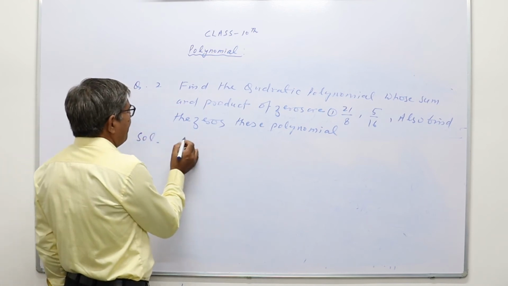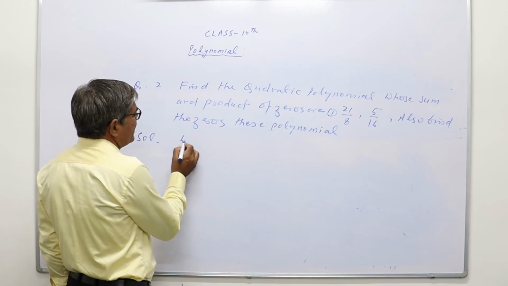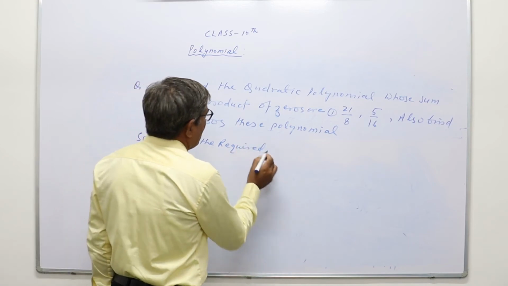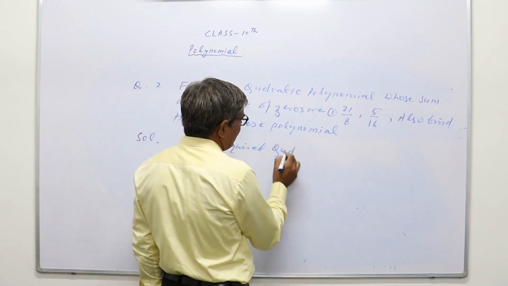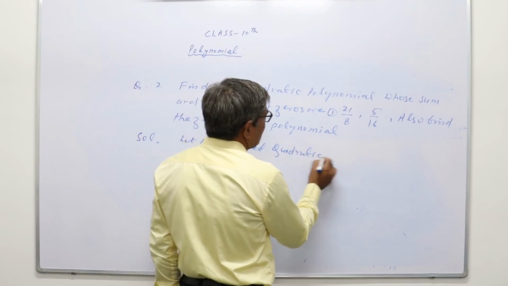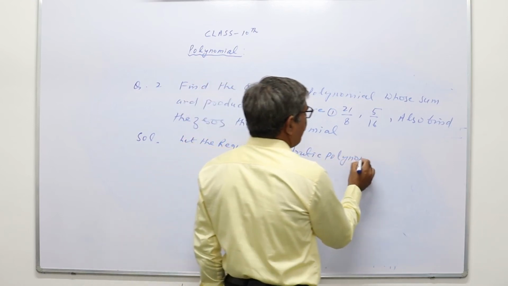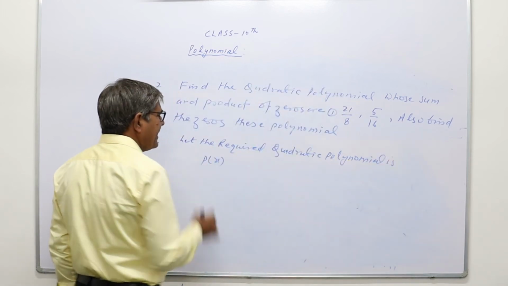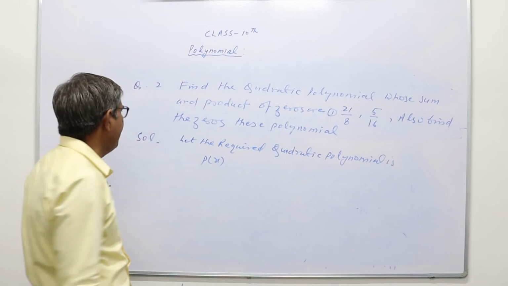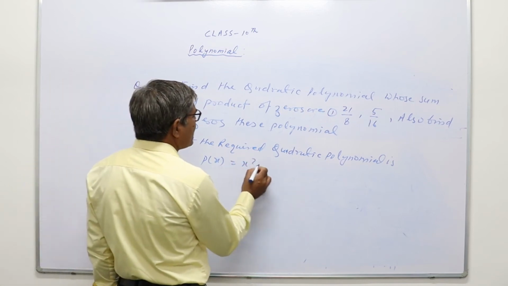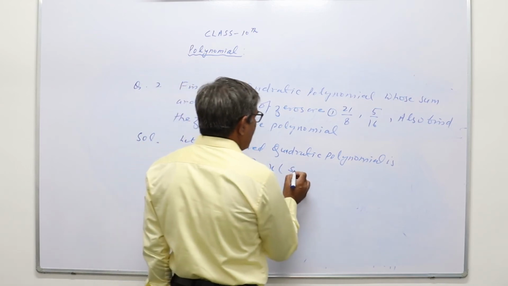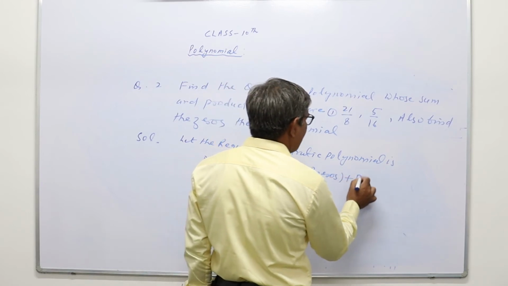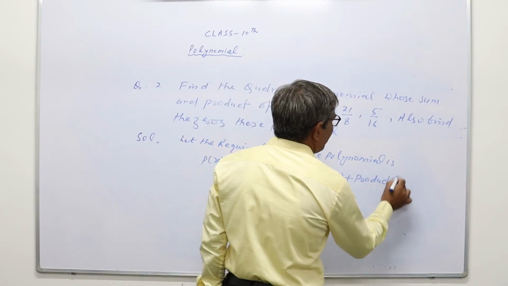Using method second, let the required quadratic polynomial be p(x) equals, in this question we are directly using method second, x square minus x into sum of zeros plus product of zeros.